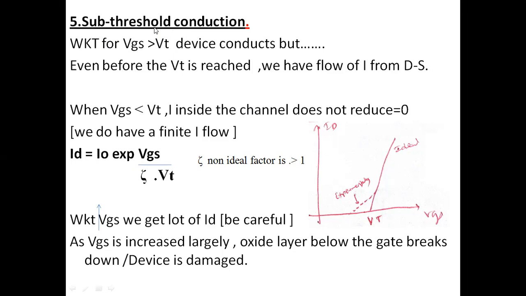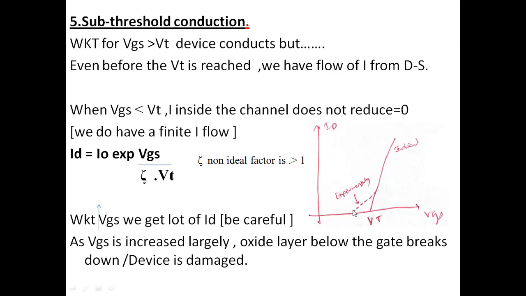We know that if VGS is greater than VT, meaning the gate voltage is greater than the threshold voltage of the device, then the device will be conducting and you can expect the flow of current. But even if the voltage is less than VT, we can still expect the flow of current from drain to source.